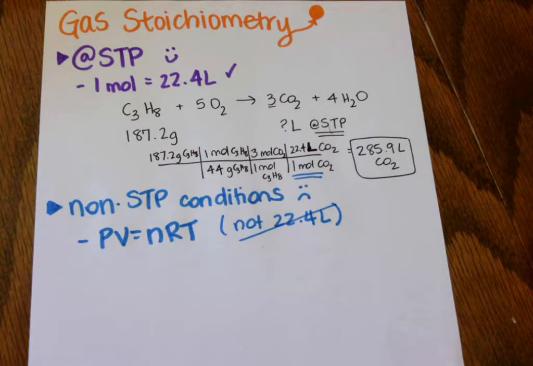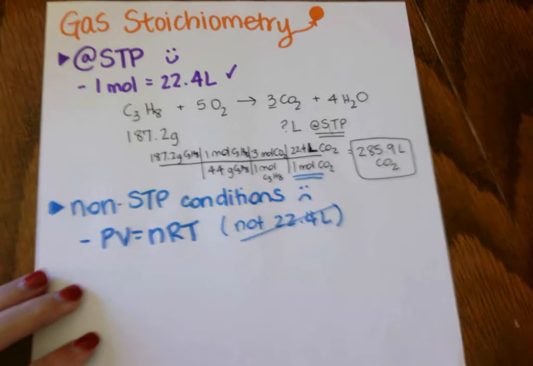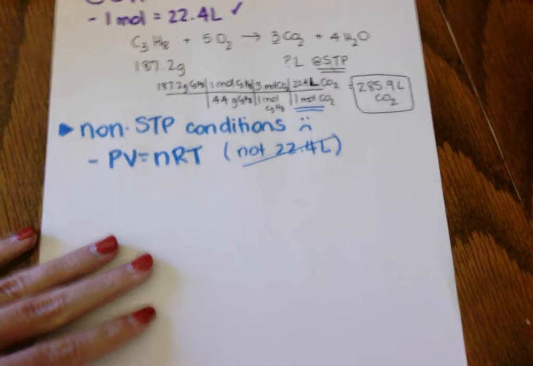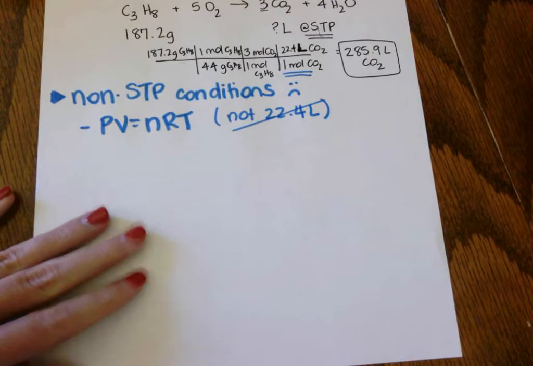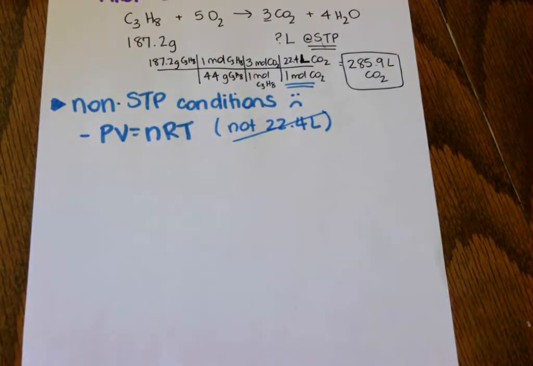So we're going to work out this exact, well, not this exact same problem. Let's change up the problem a little bit. We're going to use the same equation. How about that?